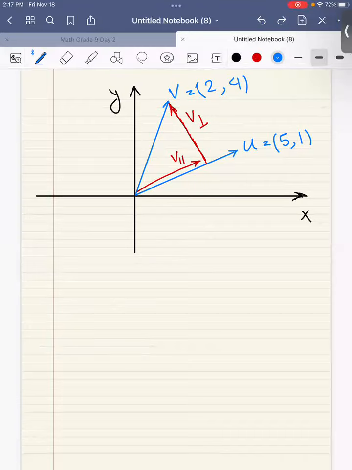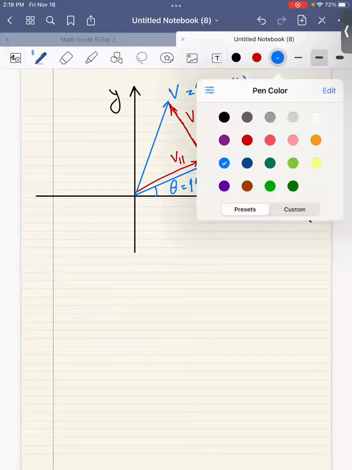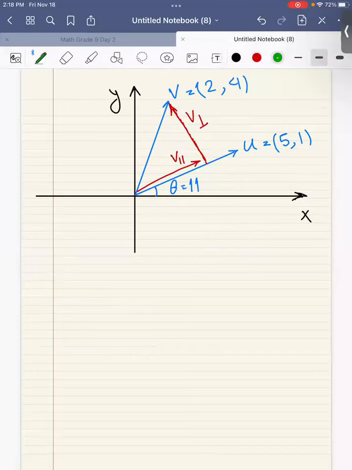Say 11. Yeah, that's fine. So I trust Howard. The angle theta is equal to 11. How about the other guy, V? Can you compute the theta for V? I mean this angle, this green angle. 63.4. Say 63 degrees.